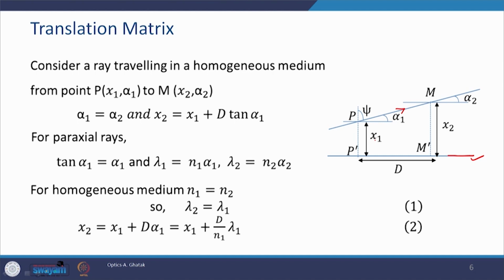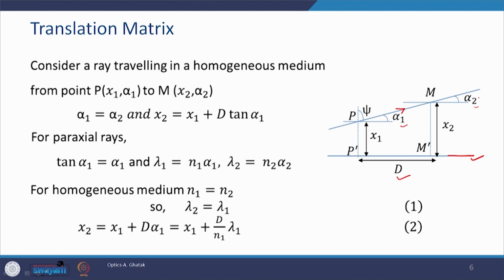And the horizontal separation between these points P and M is D, capital D. It is also assumed that the ray which is passing through points P and M is inclined at angles alpha 1 and alpha 2 with the horizontal respectively.